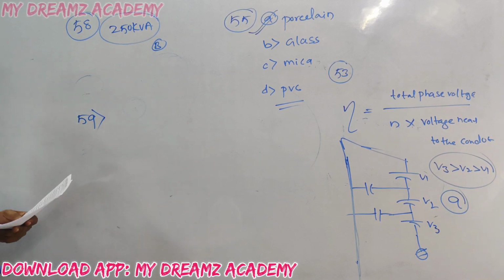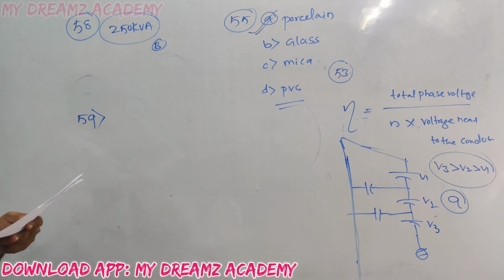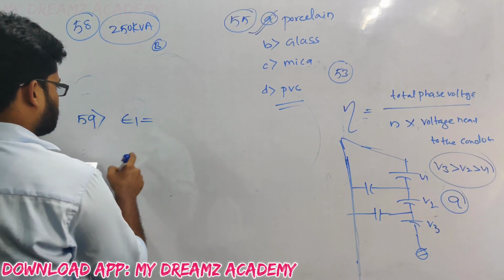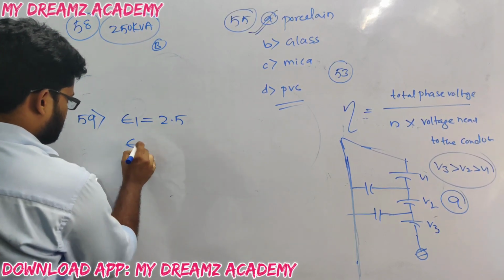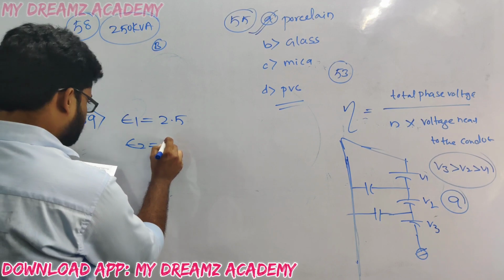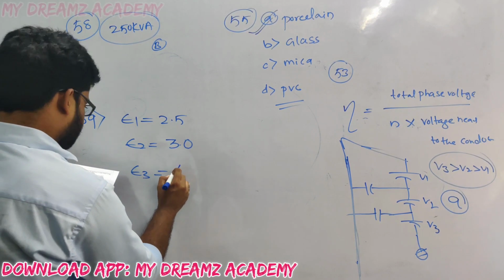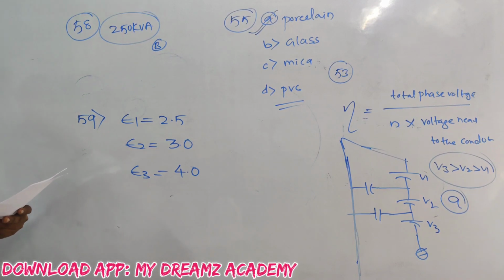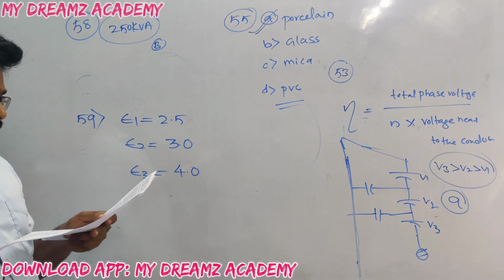The question is, three insulating materials with the same maximum working stress, with permittivities epsilon 1 equals 2.5, epsilon 2 equals 3, epsilon 3 equals 4.0, are used in a single core cable. What is the location of the material with respect to the core of the cable?